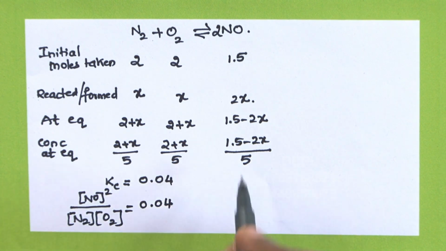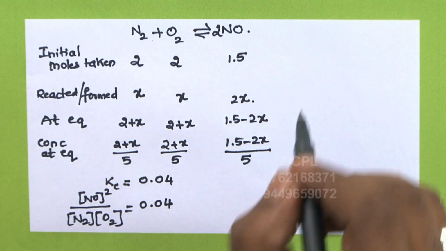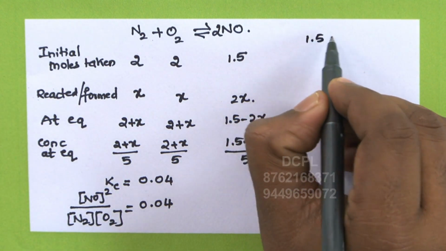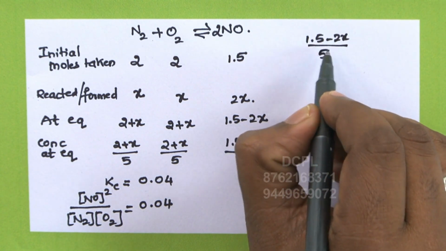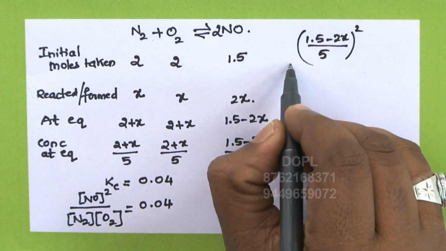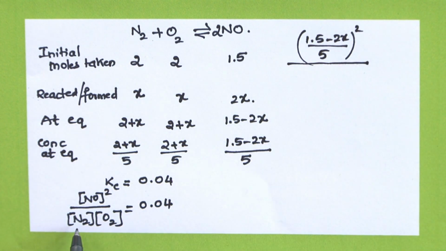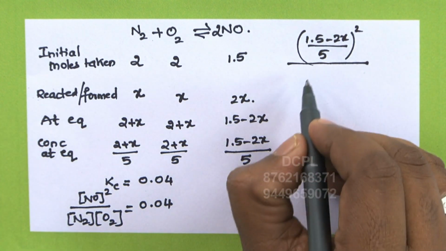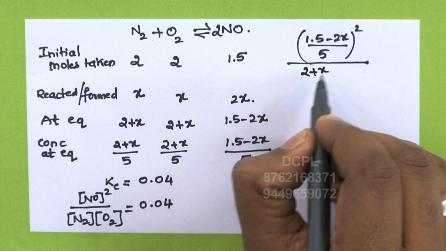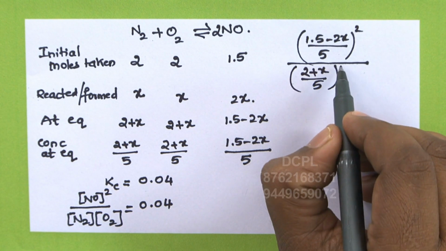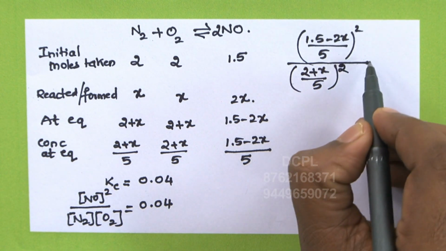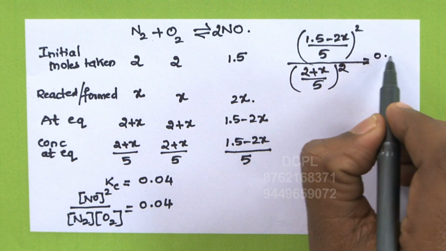The concentration of NO at equilibrium is 1.5 minus 2x divided by 5, the whole square, divided by the concentrations of N2 and O2, that is 2 plus x divided by 5 into 2 plus x divided by 5, which is 2 plus x divided by 5 the whole square, equal to 0.04.